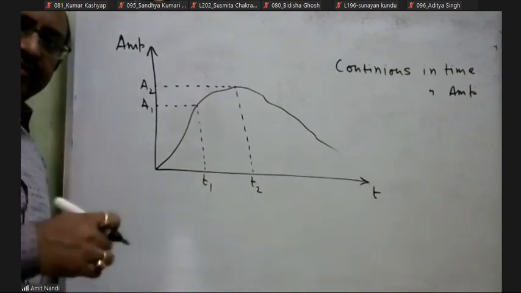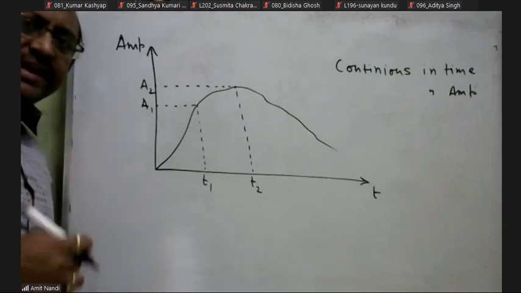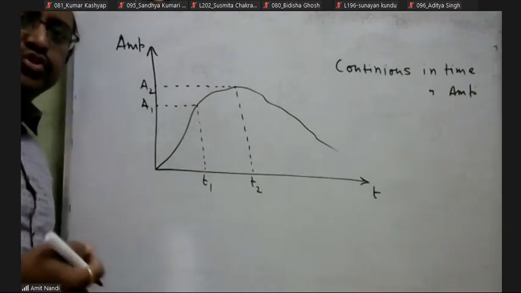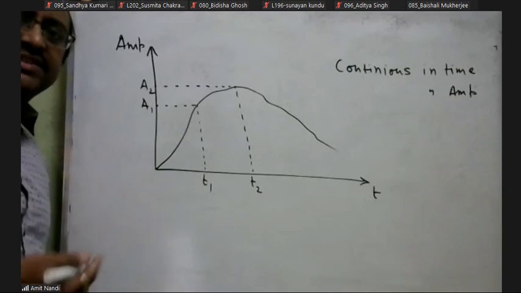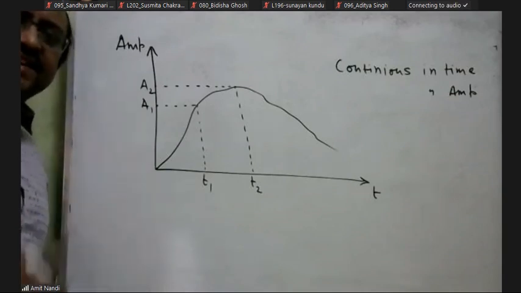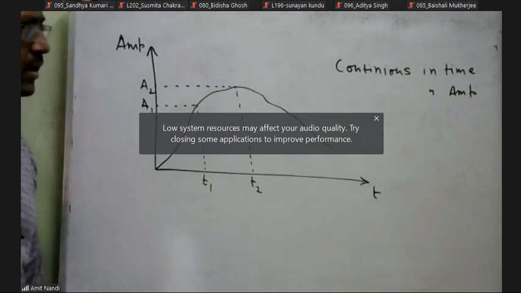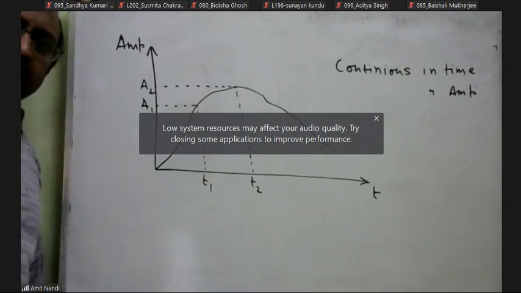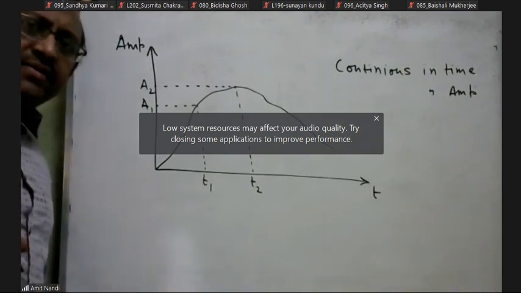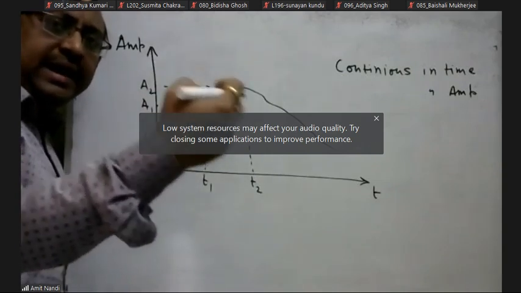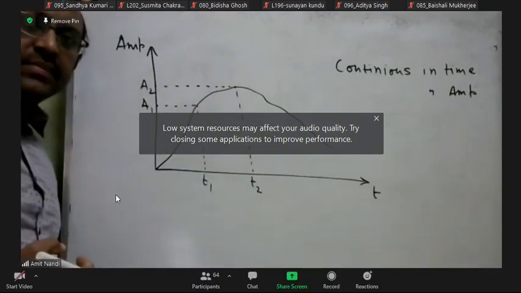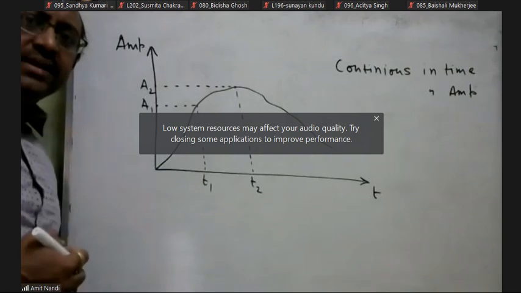So at every instant of time we can take some amplitude. For that reason it is called an analog signal. The examples are speech signal, temperature signal, all the signals that we get from nature, which are basically analog signals.